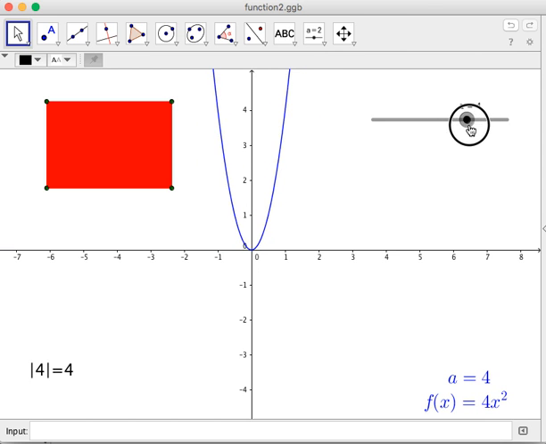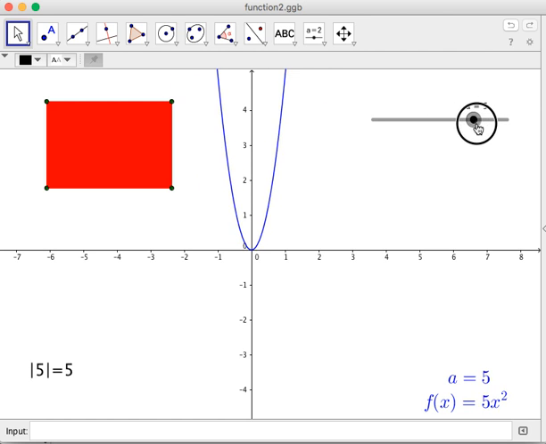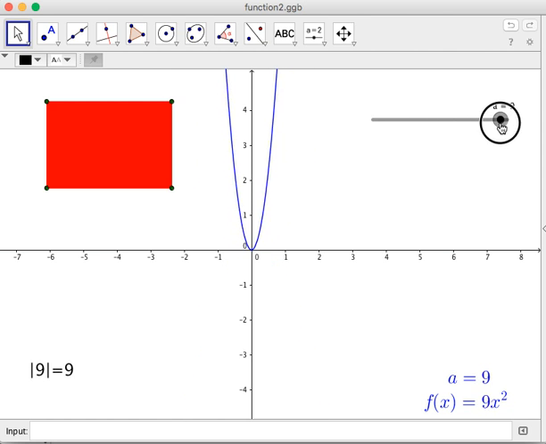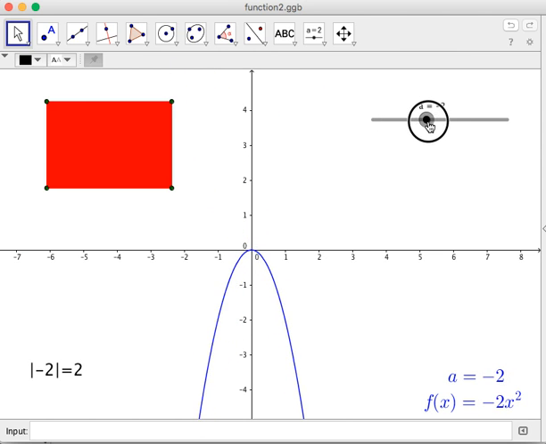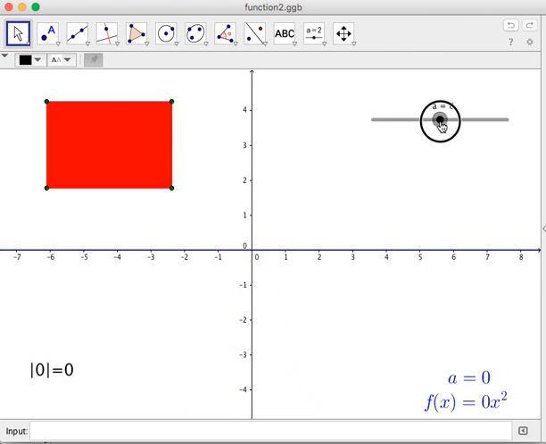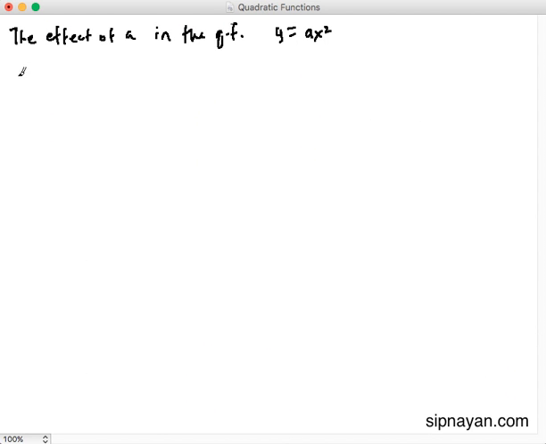kung a ay greater than 0, talaga bang nag-open siya upward? Makita nyo? Ang dito naman, pag negative yung A, it opens downward, no? So, if A is greater than 0, then the graph opens upward, no?